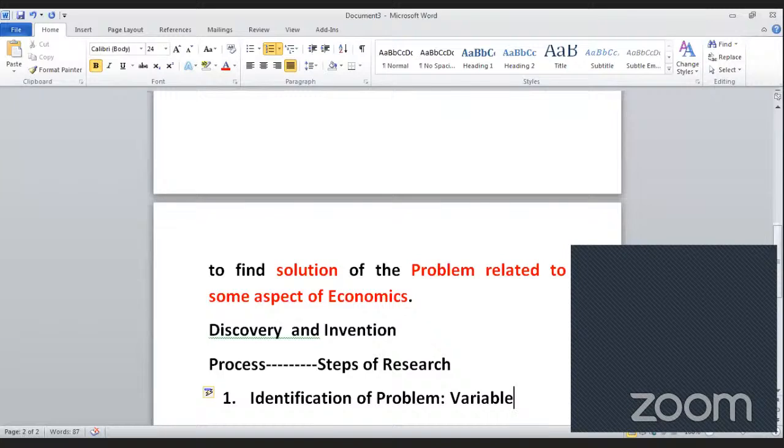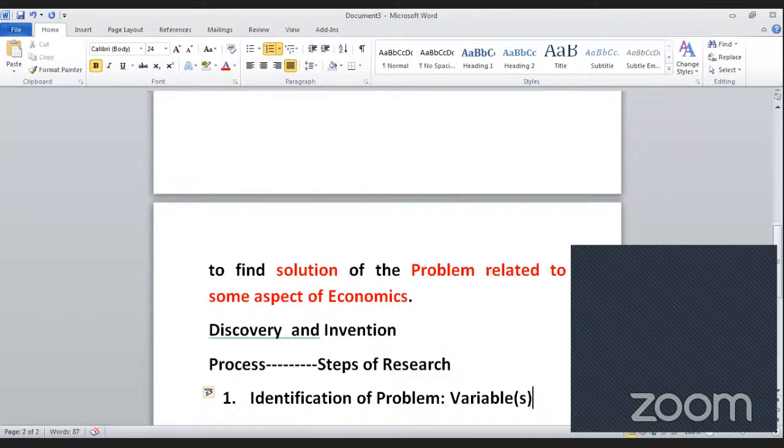I have seen some of the people, they are writing the title, and in the title there is no variable. So how can you have a title without a variable? So minimum 1 variable, more you can have, depends upon you how many you want to have.